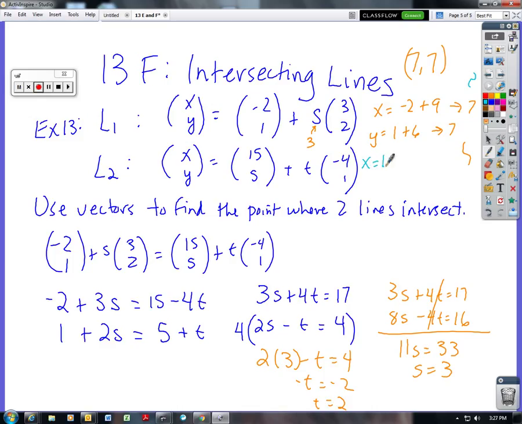So x will equal 15 minus 4 times 2, which is 7. And then y is 5 plus 2, which is also 7. So we're getting 7, 7 again, which is very comforting.